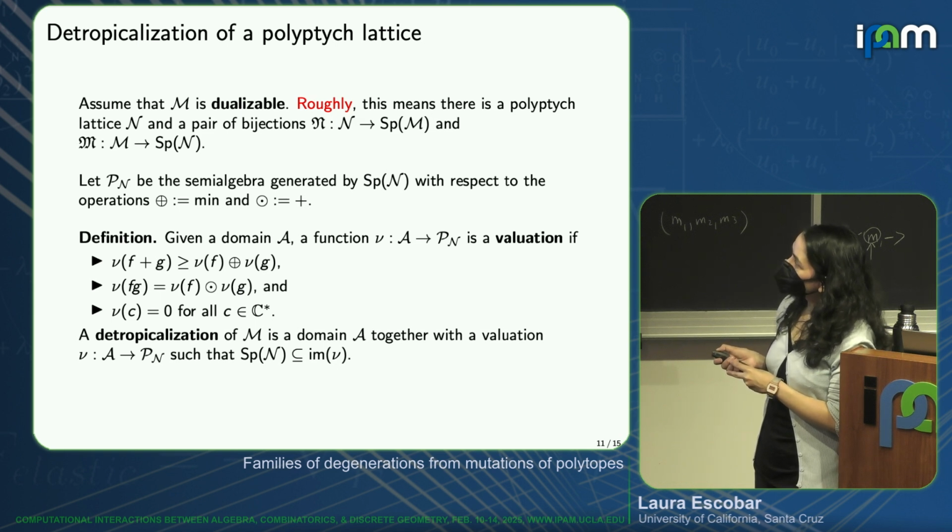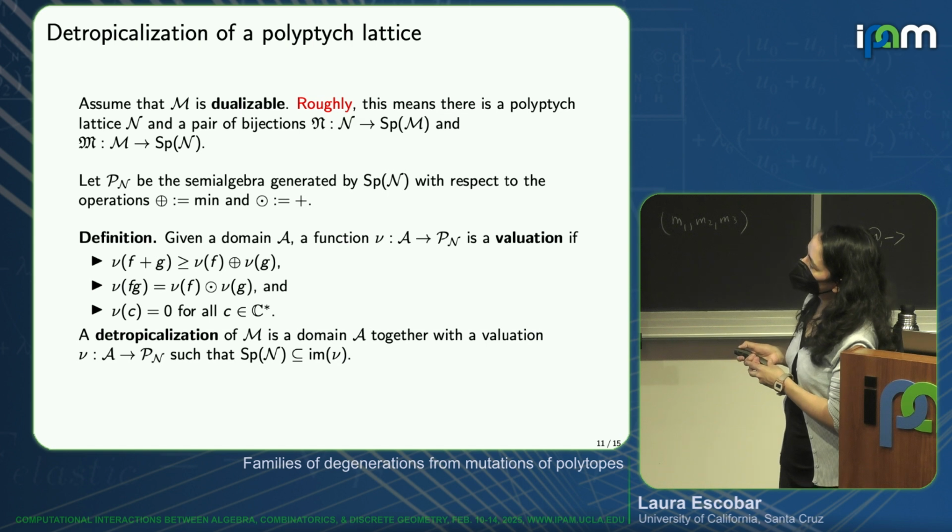So roughly, the dual to M is going to be another polyptic lattice and a pair of bijections that tells you the elements in here are in bijection with the functions or points of the other one, and the elements of M are in bijection with the functions or points of N. And here we need to generate a semi-algebra.